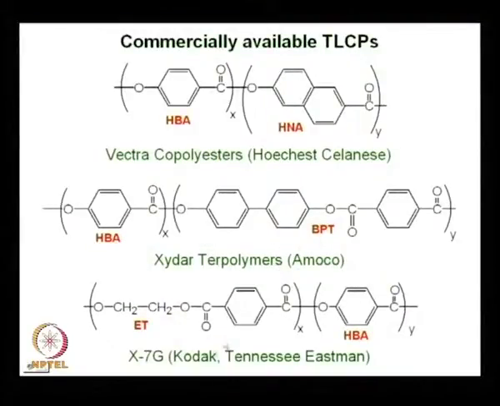They are taking say 5 to 10% of these thermotropic LCPs with polyethylene or polycarbonate or polyamides etc., and they are getting a much higher level of properties for high performance applications.